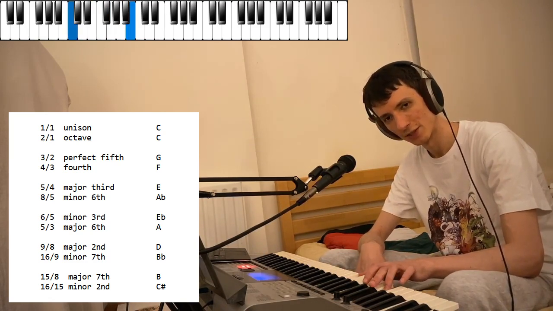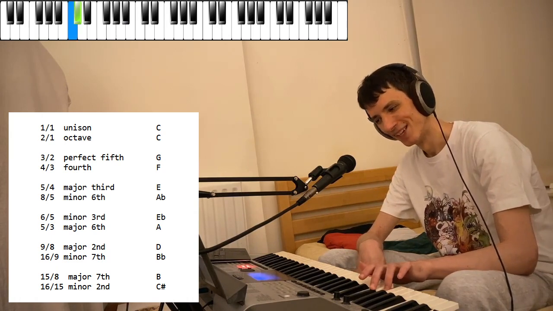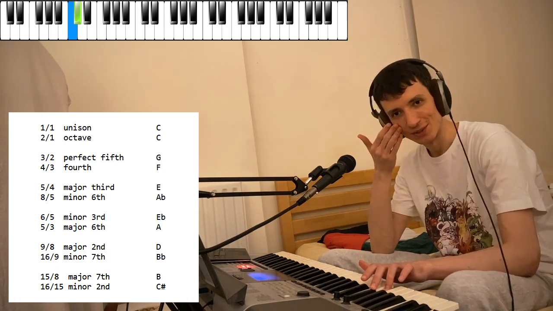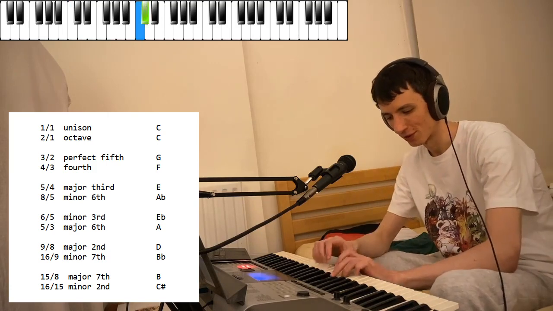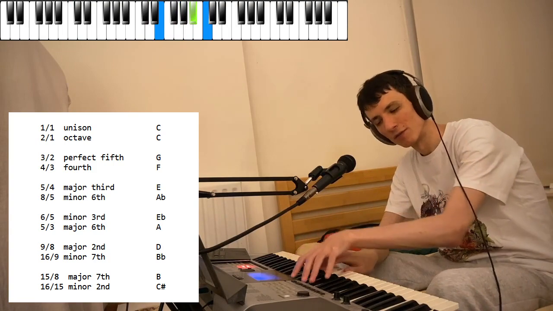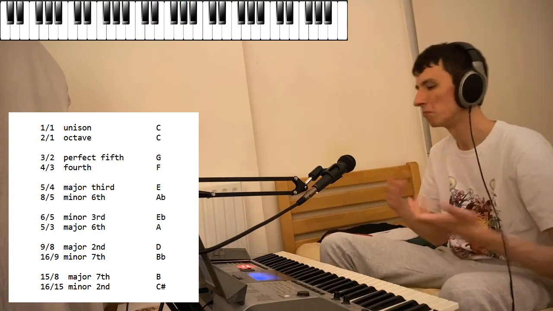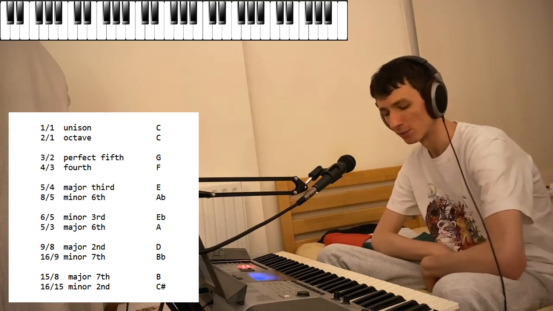Invert that to get a minor 2nd, or just a semitone. Nice. And that's it, we've literally reconstructed every note except the tritone. The tritone is not too important, it doesn't really matter too much for this analysis.